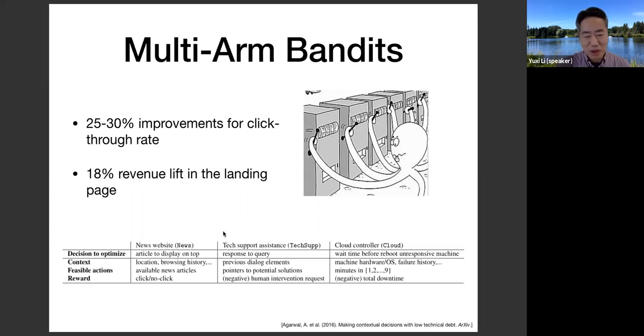So this is from Microsoft. This technique can be applied to news websites, technical support assistants, cloud controllers, many applications.